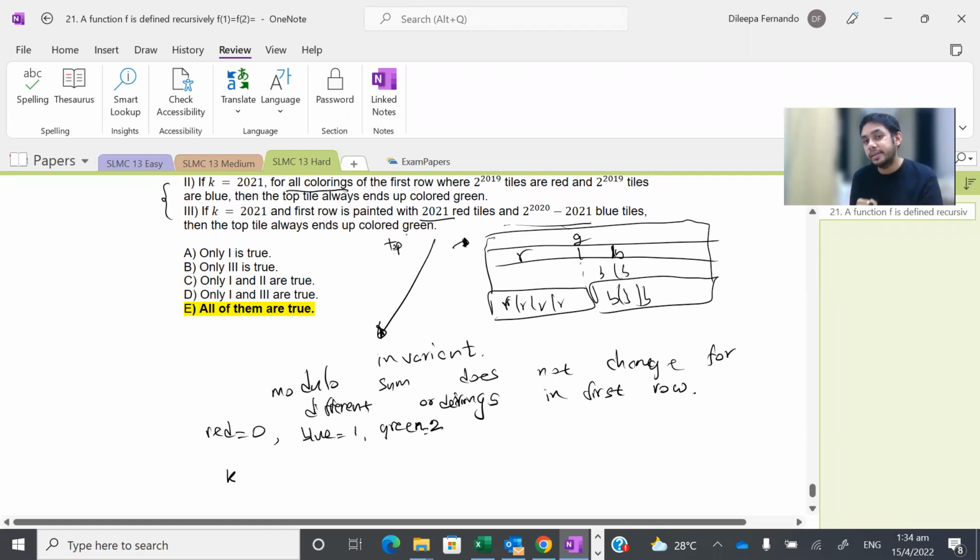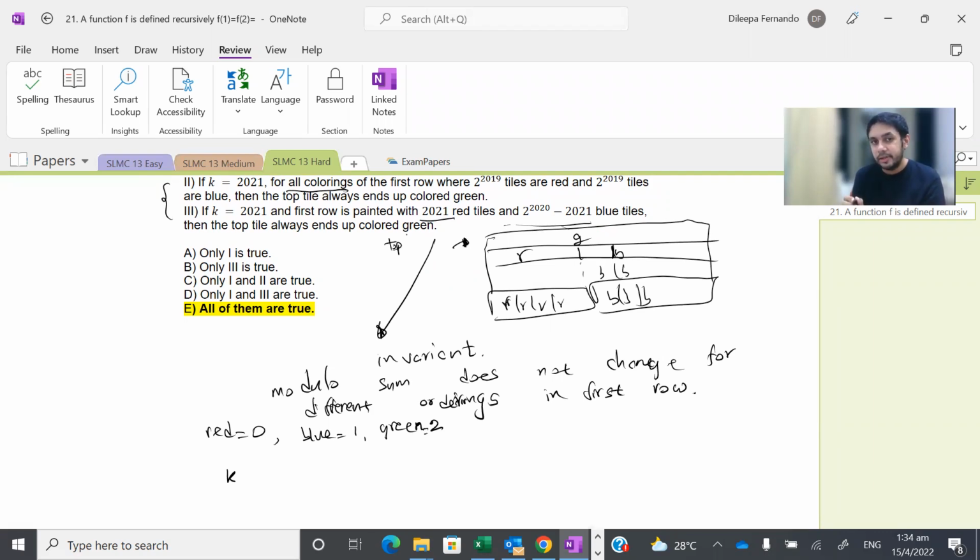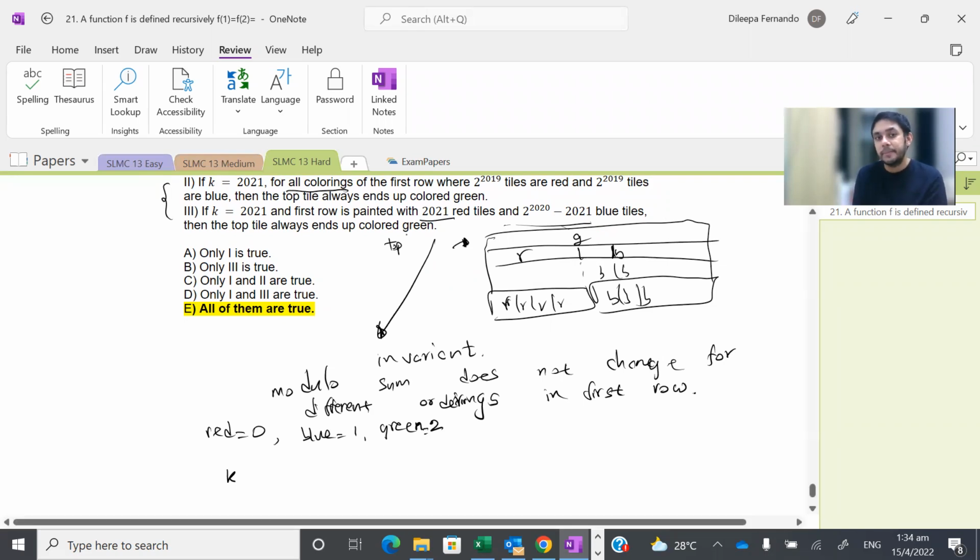If we derive the modular summation of the topmost layer, we can determine the color in the topmost layer. So we start with the modular sum in the first row, which does not change with different orderings, and we use that to infer the modular sum of each layer, and finally infer the modulo value of the topmost row.